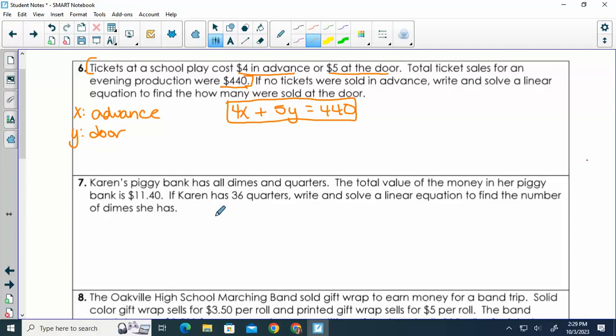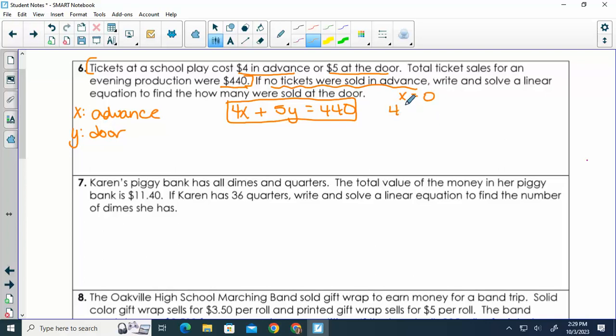Now it's going to ask me to do something else with that. So there's my equation. Let's see what else we need to do. If no tickets were sold in advance. Okay, advance is what variable? Yeah, the x. And if no tickets were sold, what does that mean? X equals 0.